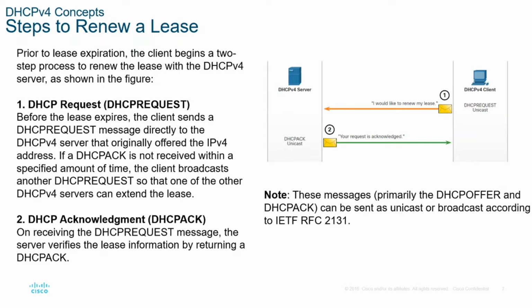If the client wants to renew the IP address, it will renew the leased IP address by sending a DHCP request to the server, and then the server will send an acknowledgement to acknowledge the request. So there are no more DHCP discover and DHCP offer, because they already know each other.